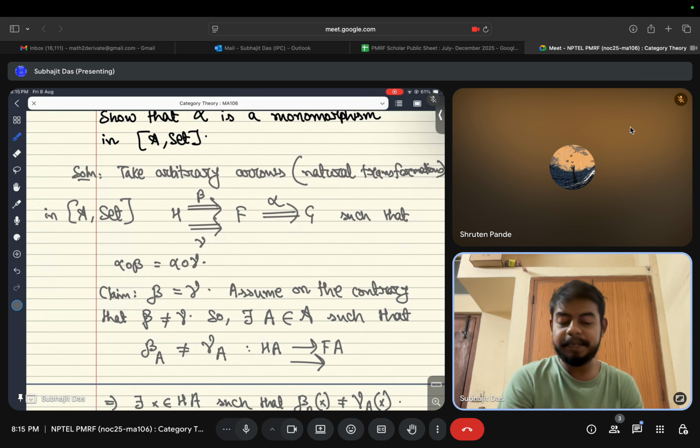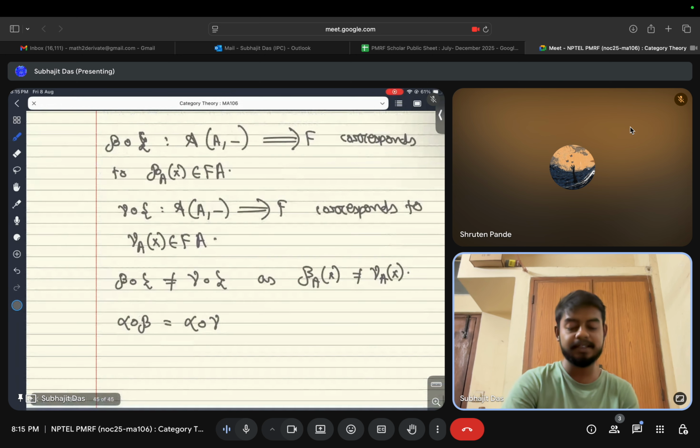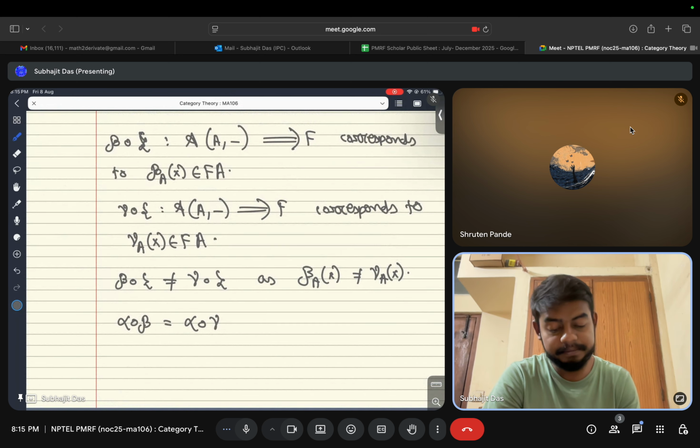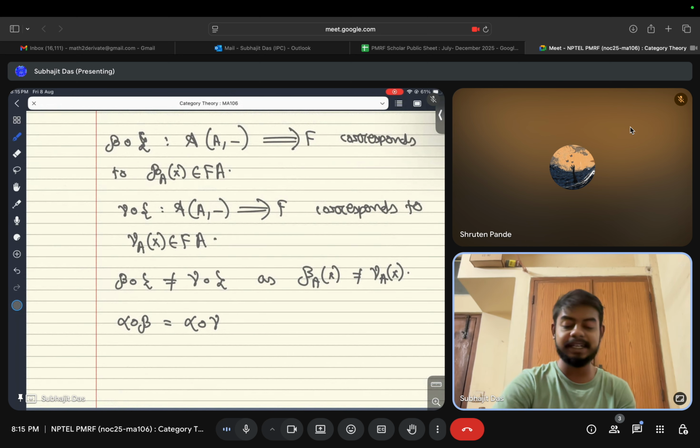We want to show that beta is equal to gamma. We assume that beta is not equal to gamma. We arrived at this: there is some zeta from script a comma bar to h such that beta composed with zeta is not equal to gamma composed with zeta. And we assumed at the beginning that alpha composed with beta is alpha composed with gamma.